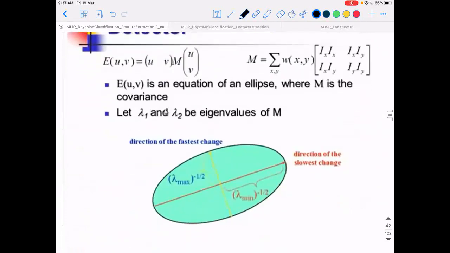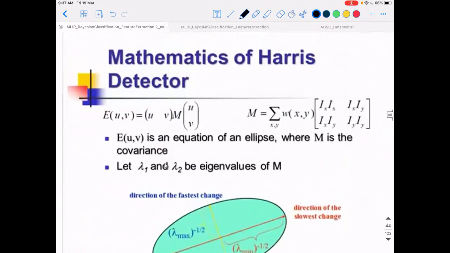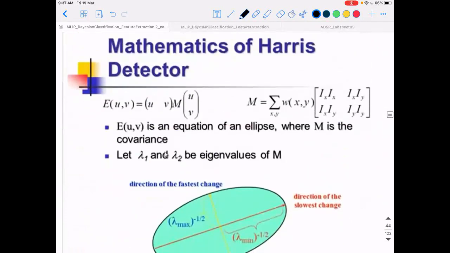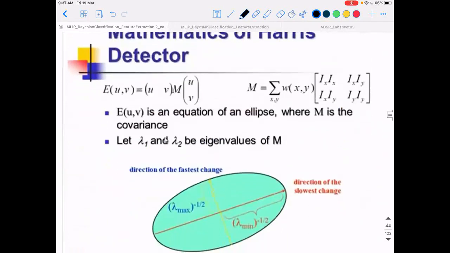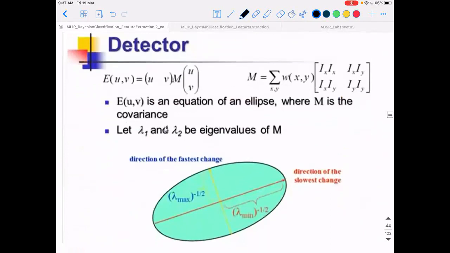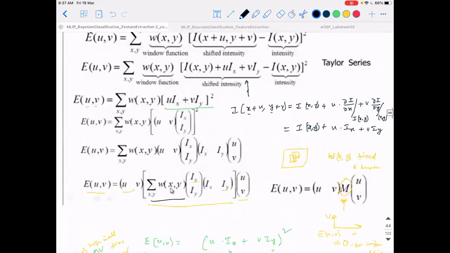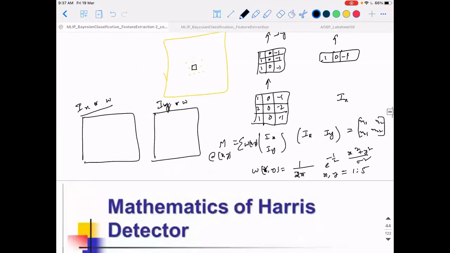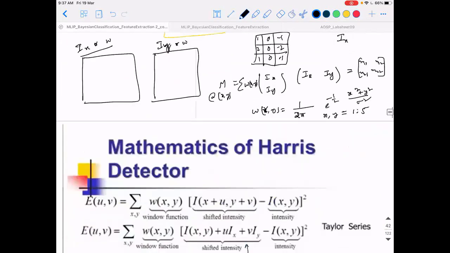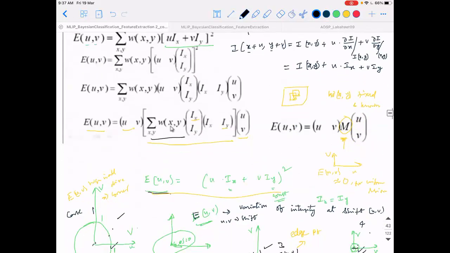Okay, so now see, that is the beauty of mathematics and of researchers who can elegantly use it. What he said is that once I get M, I don't want to analyze all the elements of M, put them into an expression and then try to see whether it is an ellipse and so on.